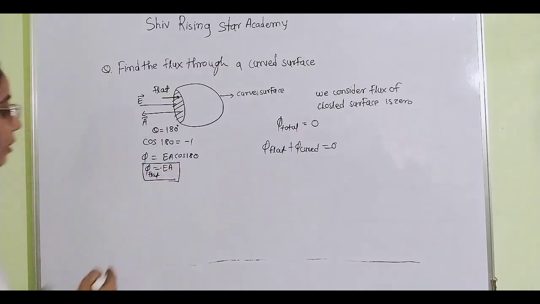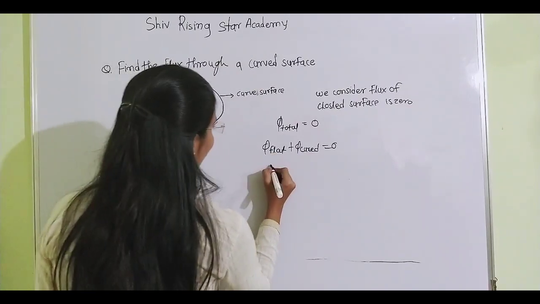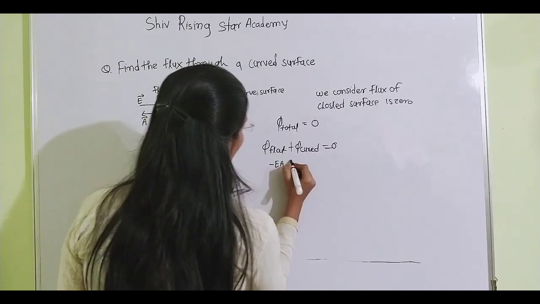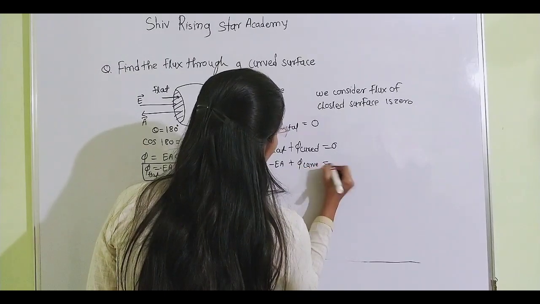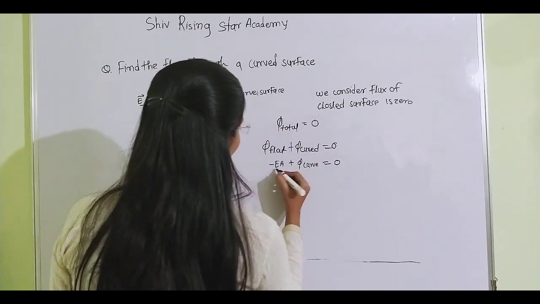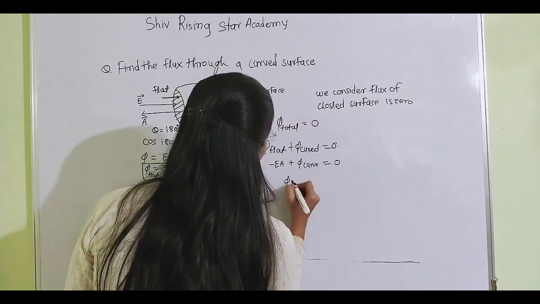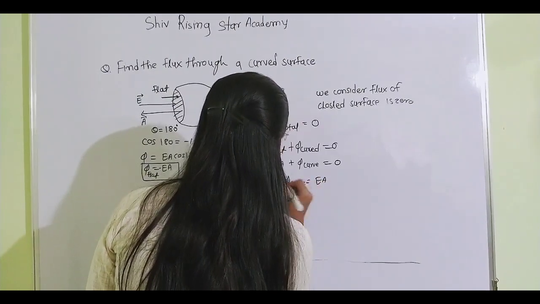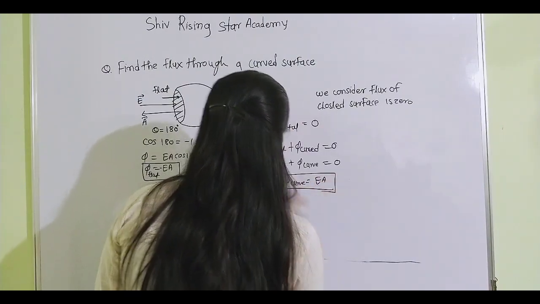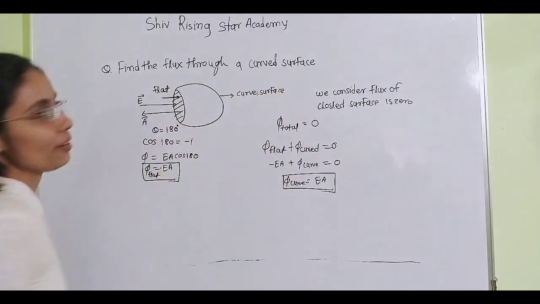Putting this value here, minus EA plus phi curve equals 0. So phi curve is equal to EA. This is the flux through the curved surface.